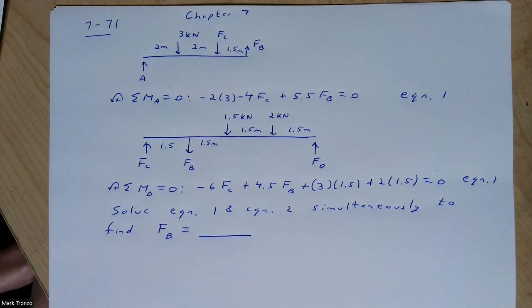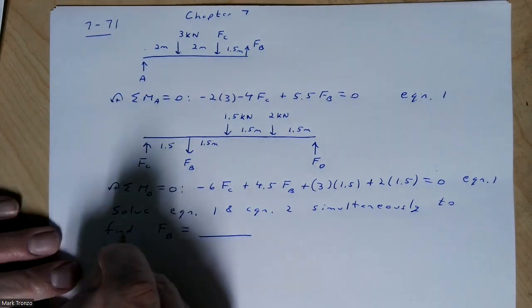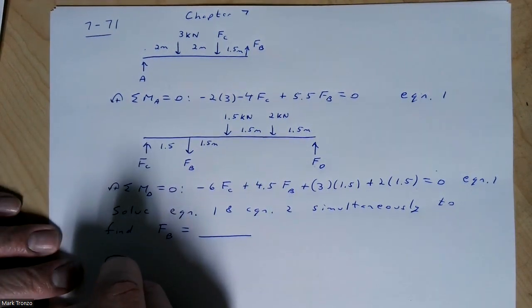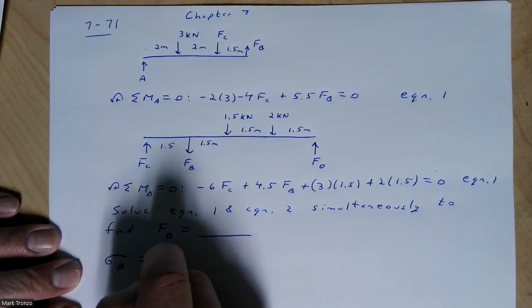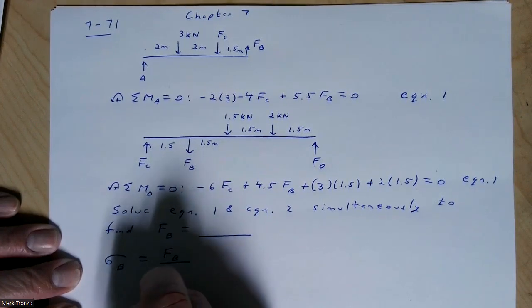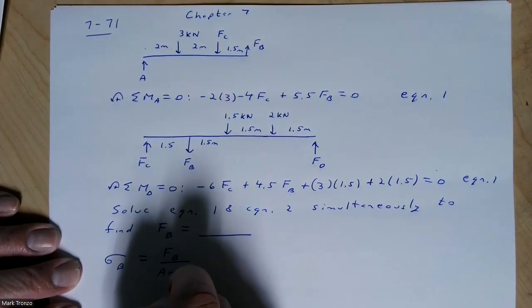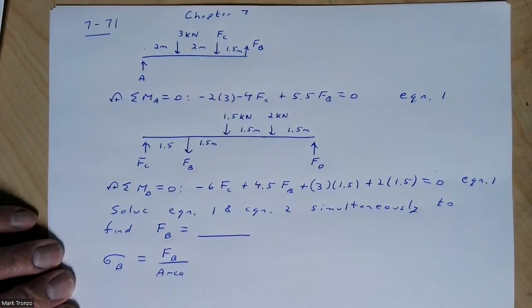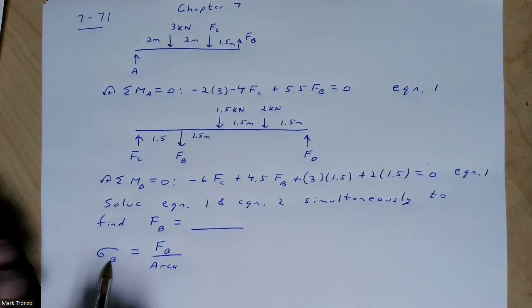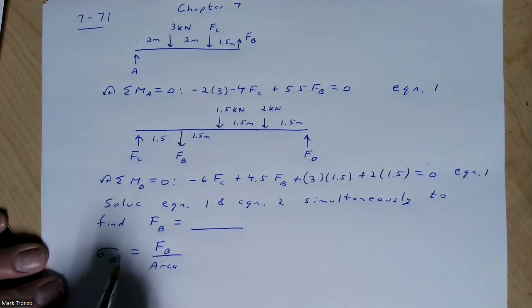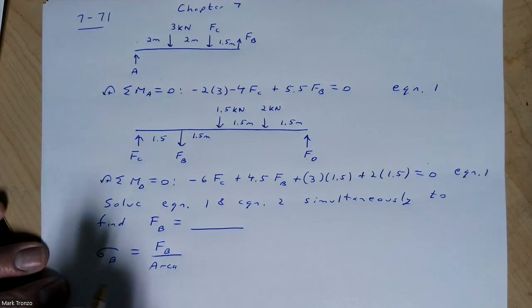So then when you find FB, you can find the stress using this equation. So put your FB here, put your allowable stress here, whatever your allowable should go right here.